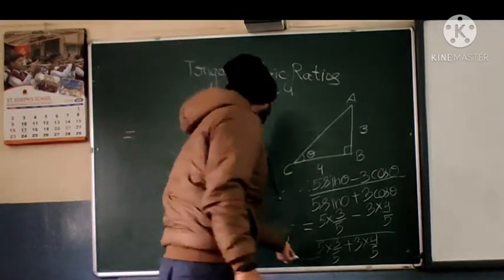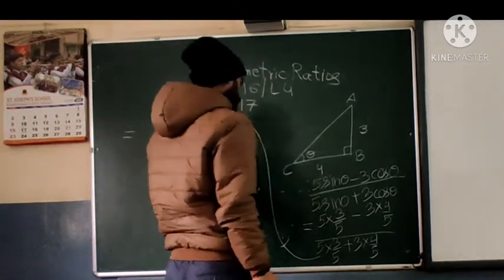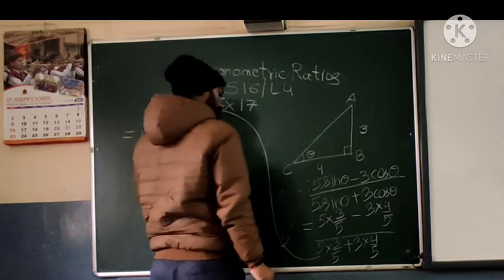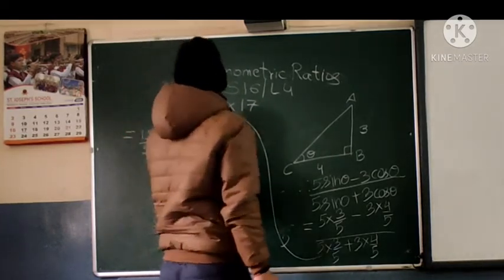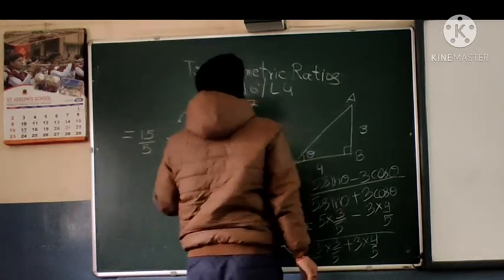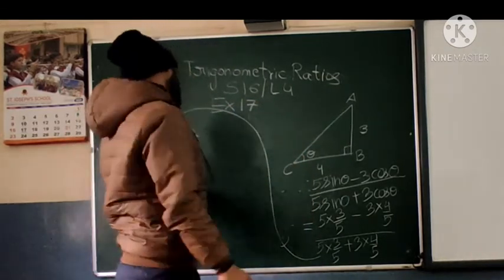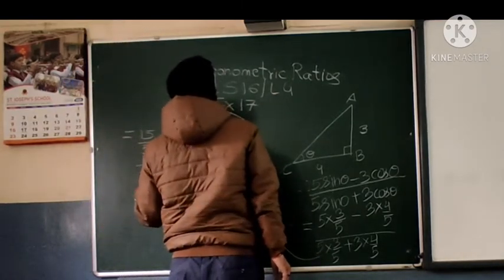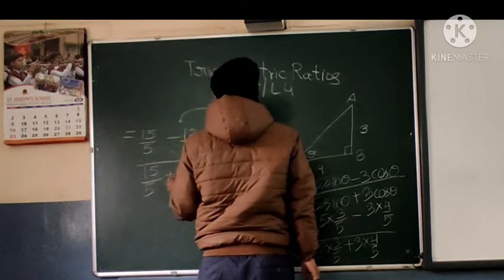So 5 is 15 by 5 minus 12 by 5. In the numerator will there be a plus sign or minus sign? Minus sign. Yes. And then 15 by 5 plus 12 by 5.